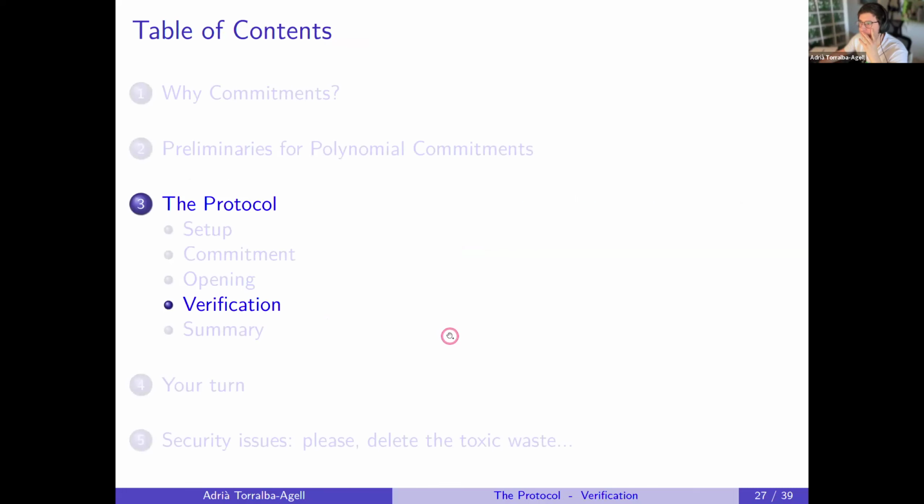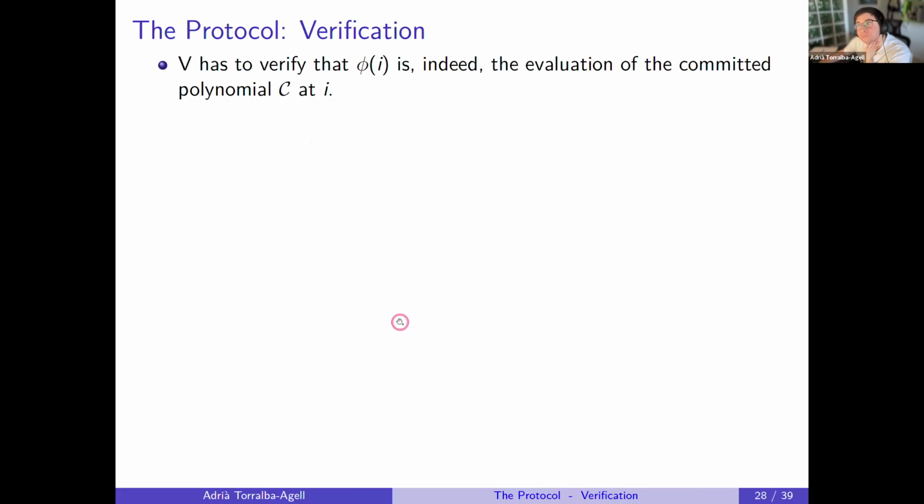And finally, comes the verification. Now the work is for the verifier. The verifier has to verify that phi of I is indeed the evaluation of the committed polynomial C at I. C is the original commitment to the committed polynomial. To do that, the verifier has these tools.